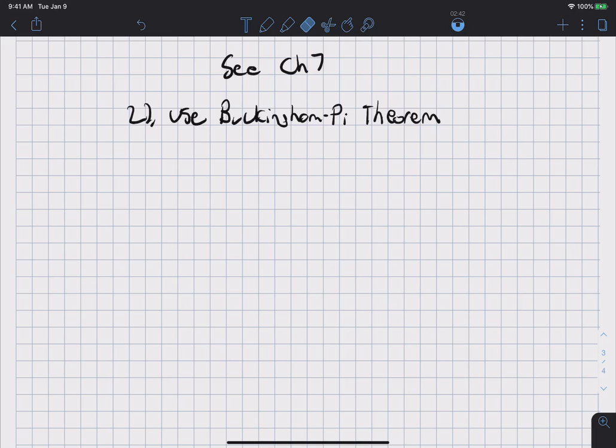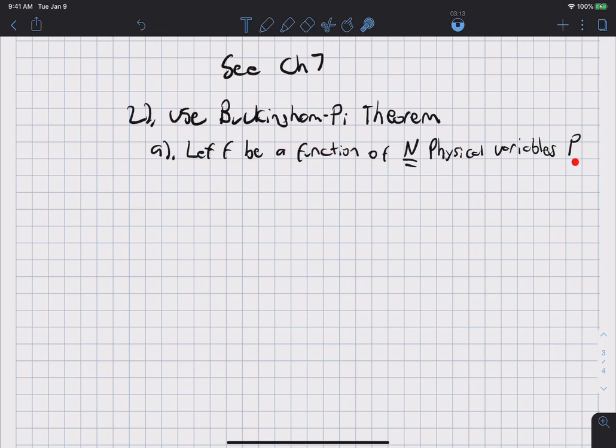For the first part of the Buckingham Pi Theorem, we're going to let f be a function of n physical variables p, where the p here represents a physical variable and n represents the number of physical variables.